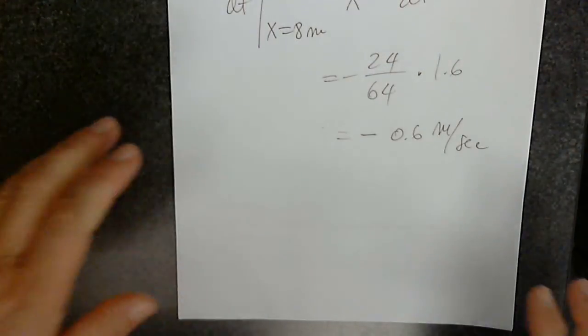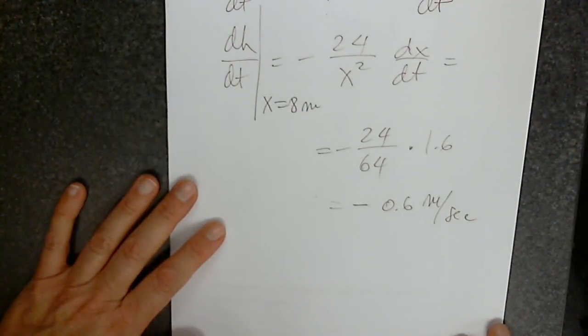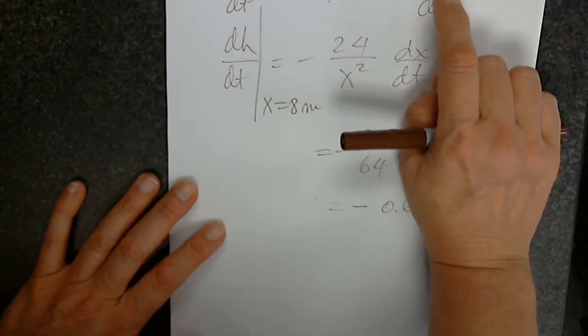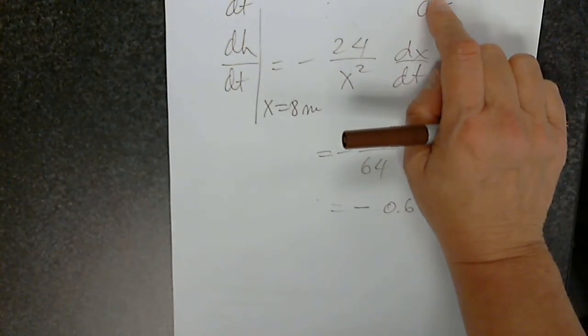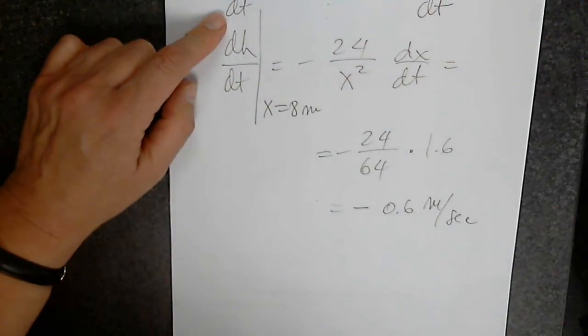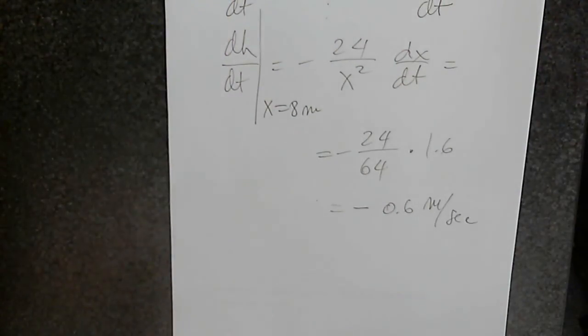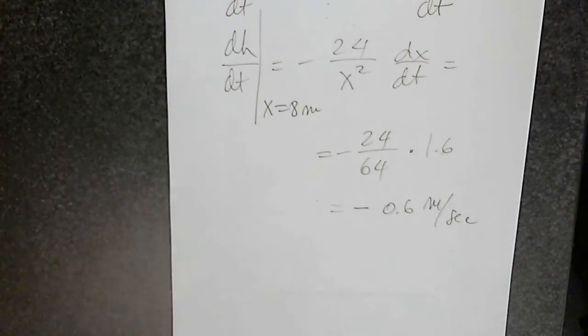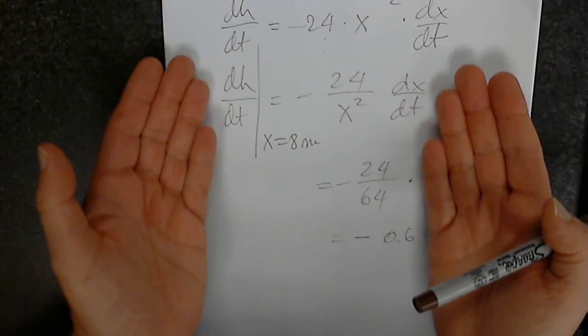These are related rates. So the rate that he is walking and the rate of the shadow changing on the wall, these are related rates. They happen at the same time, and they are related through this relationship.